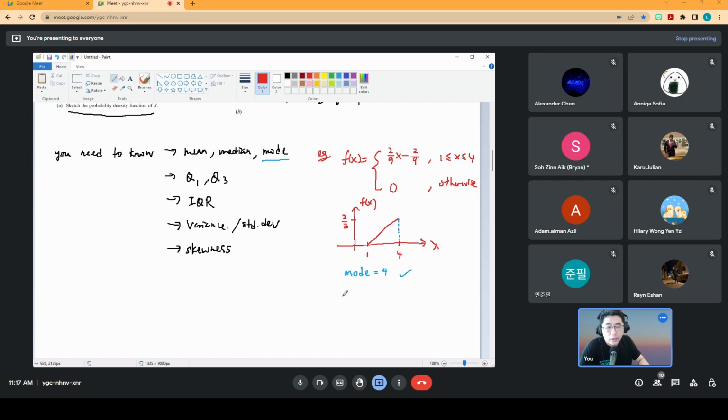So how about the median? The median is the value of x that gives you probability half, isn't it? The x value that splits the area into half.